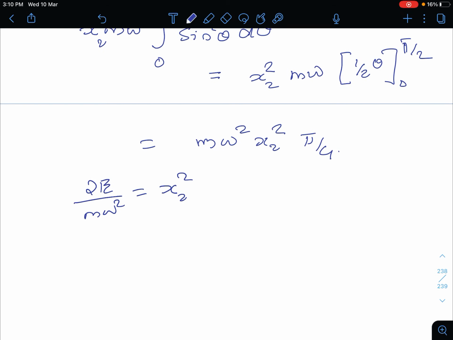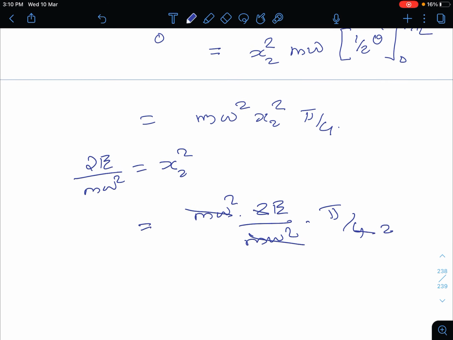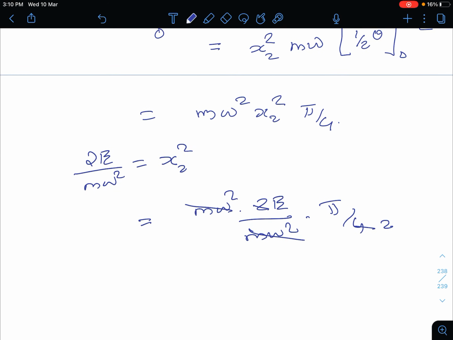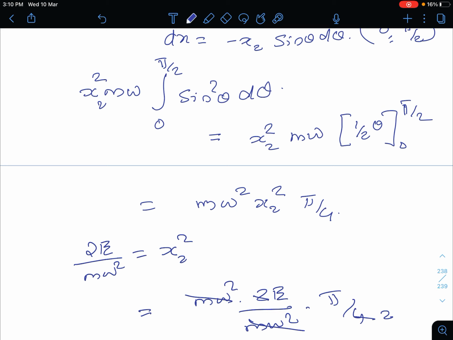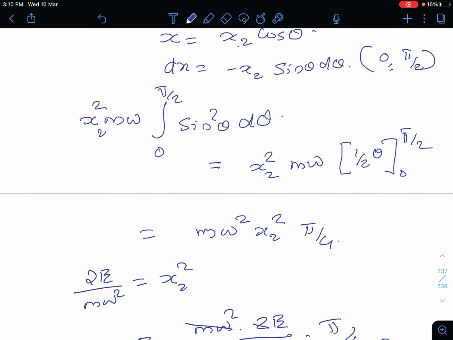So if I put that here, m omega into 2E by m omega square into pi by 4. What is that? Some mistake I made.